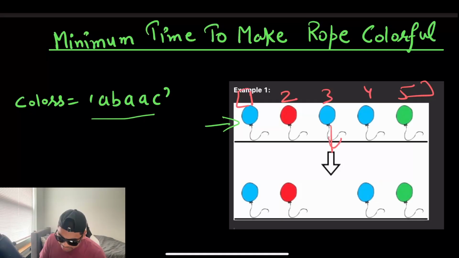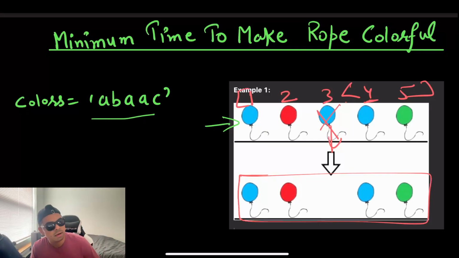Because this one takes less time than this one, we just got rid of this balloon, and this is the final colorful rope. But in the question we need to return the needed time, how much time Bob had taken. Return the minimum time Bob took to make the rope colorful.